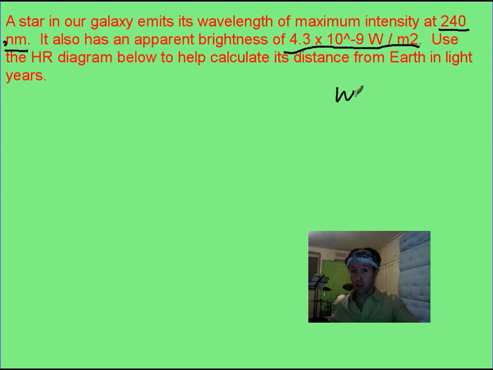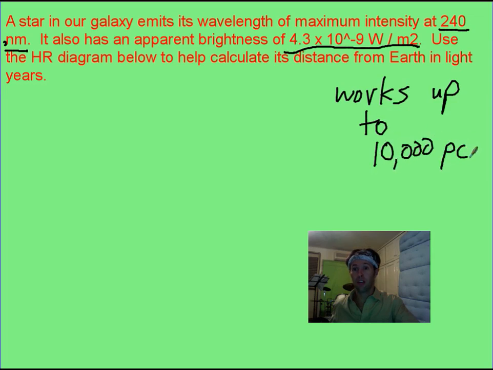This works for far stars up to 10,000 parsecs away. So for many of the stars within our galaxy, we can use spectroscopic parallax to figure out how far away they are. And your first step would be to use Wien's law.